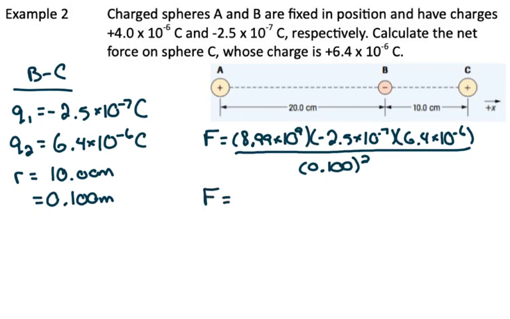Calculating that out to 2 sig figs again, we get negative 1.4 newtons. Or we could call that positive 1.4 newtons to the left, since C will be attracted to B.